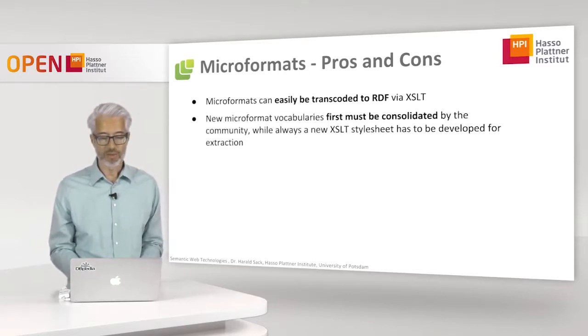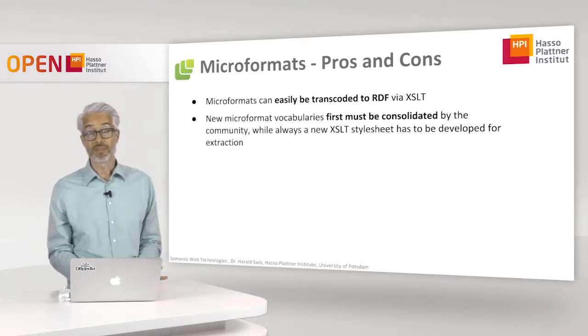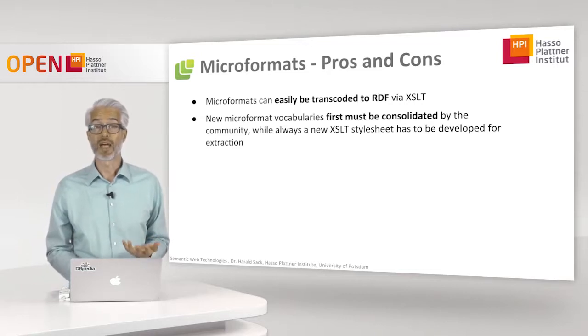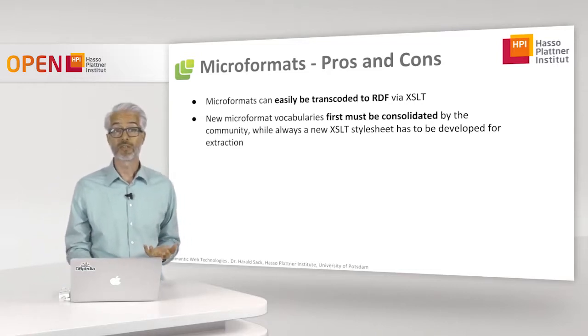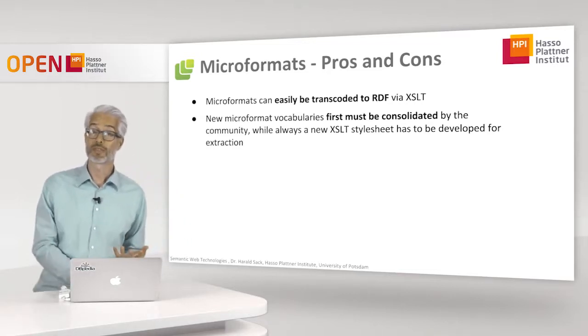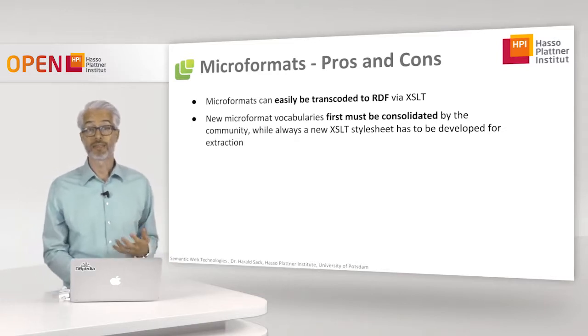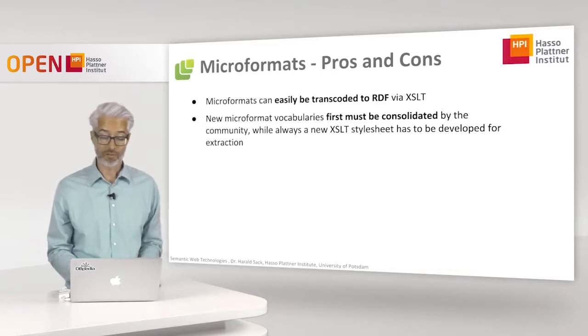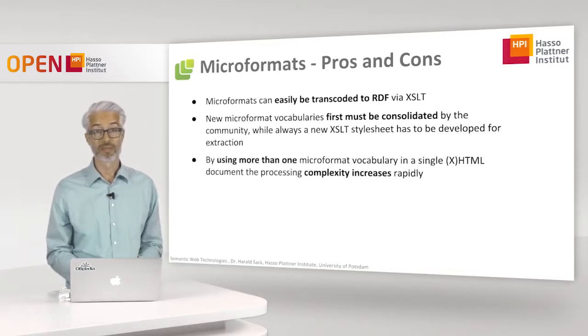So this is no big deal. The problem is you are not free. There are predefined microformats, and if you want to introduce a new microformat vocabulary, this first must be consolidated by the community. And of course, another XSLT style sheet has to be developed for the extraction of exactly that microformat. So this is one of the drawbacks.